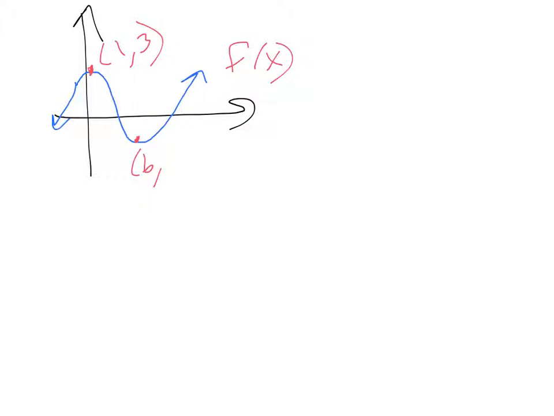6, -2, right? We would say that, and there's two ways to ask this question, right? The first question is, where does the local minimum occur, and what is the local minimum or local maximum? The actual point is what we call the local minimum or local maximum. So the point is the local min or max.